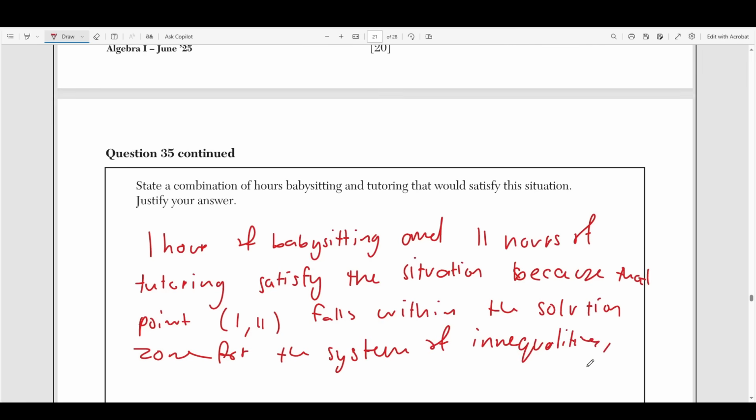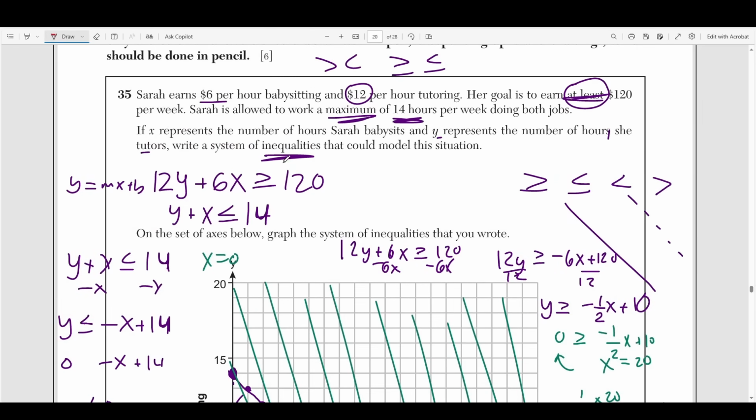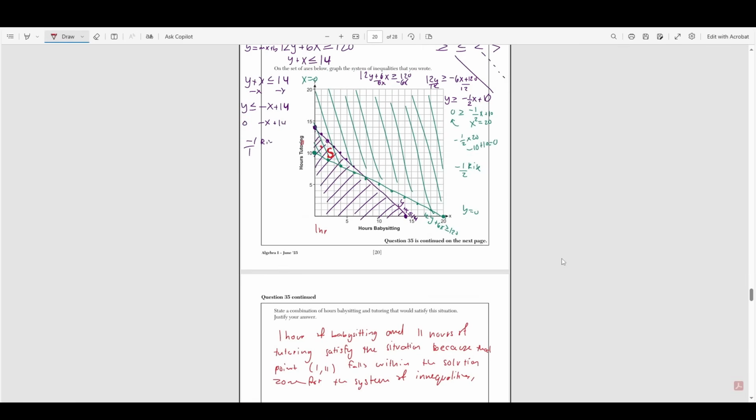Okay, so you could have also just plugged in the point 1, 11 into these two equations to show that it made both of them true, but regardless, that's how you get full credit on this question, and that is the last question in this section.